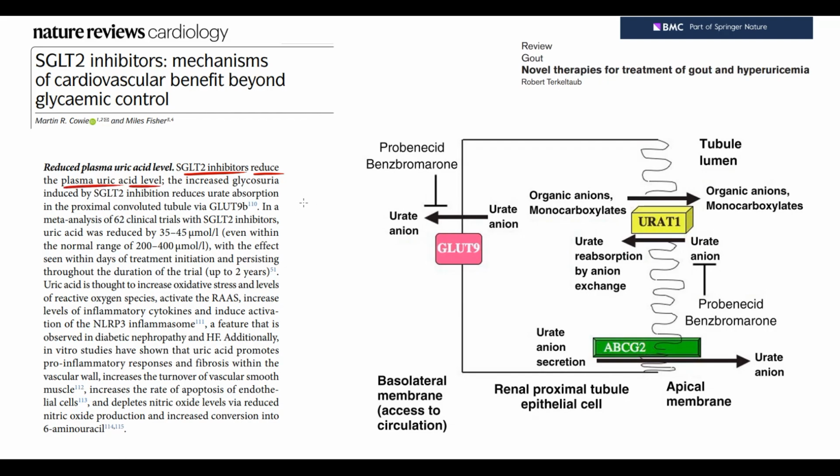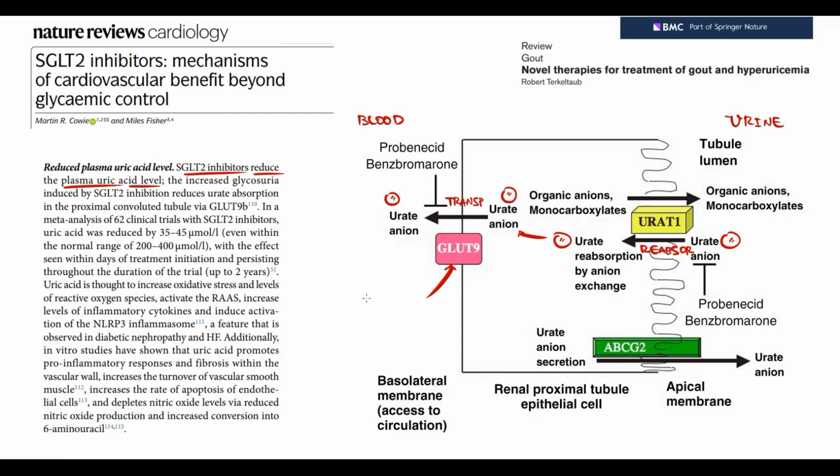The mechanism is not fully understood yet, but we know that to absorb uric acid from the urine into the blood, the urate-1 transporter should reabsorb urate anion into the tubular epithelial cells, and then urate anion should be transported into the blood, and this transportation is provided by the GLUT9 transporter.